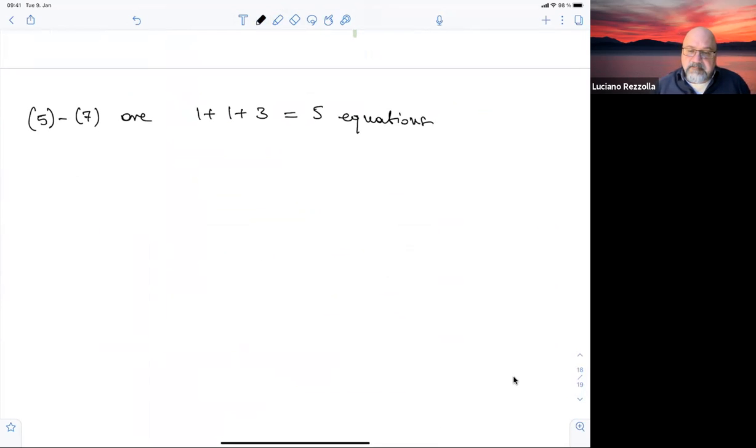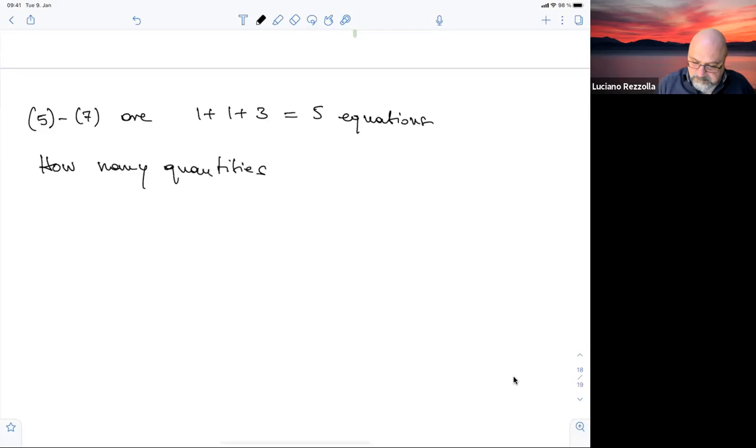Now, how many quantities do we have that we want to solve for? Well, it's easier if we think in terms of Newtonian hydrodynamics. So we have rho, we have three components of the velocity, we have the pressure, we have the specific internal energy.